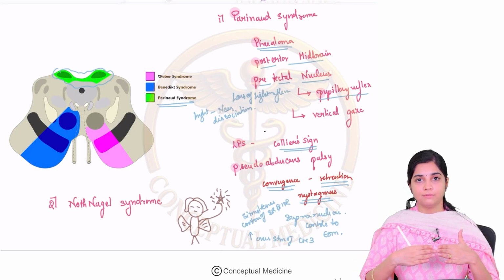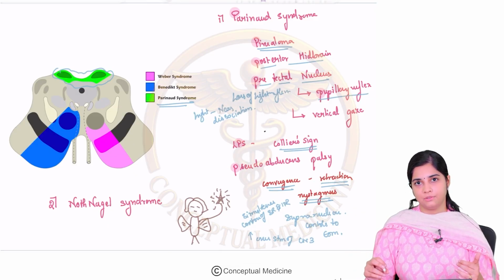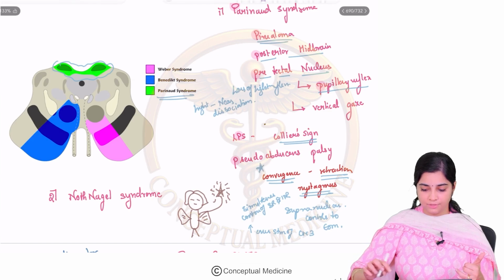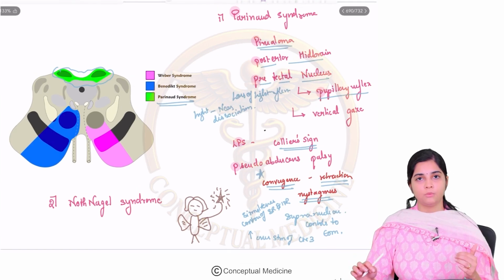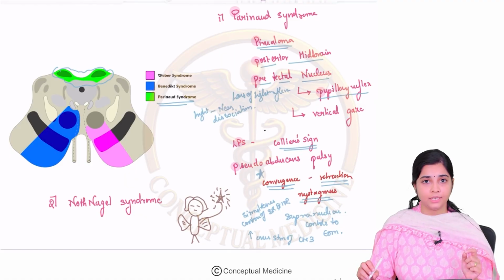So you have convergence retraction nystagmus because of loss of your supranuclear control of your extraocular muscles, and this is a very characteristic feature of your pinealoma or Parinaud syndrome. Okay, so it's very characteristic.